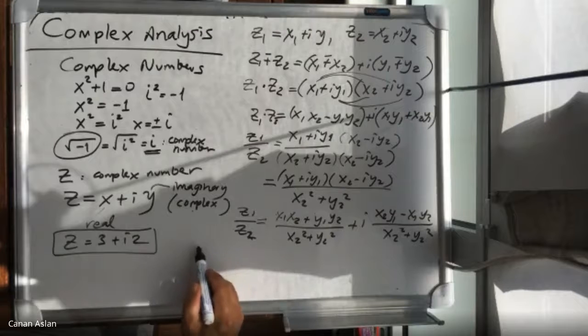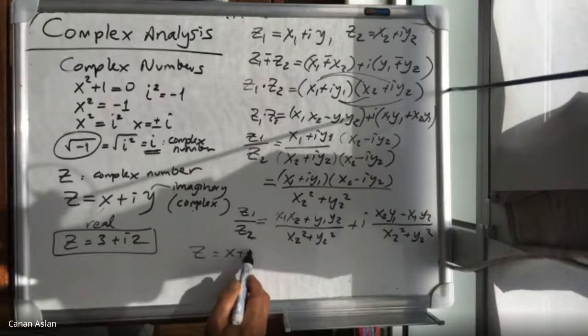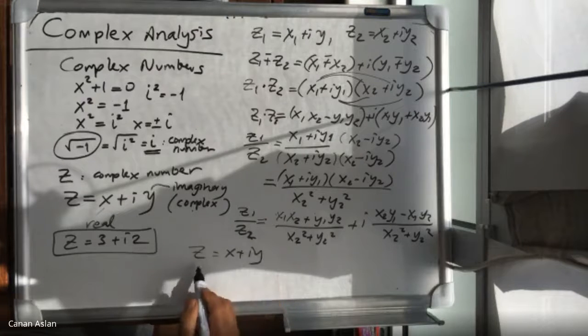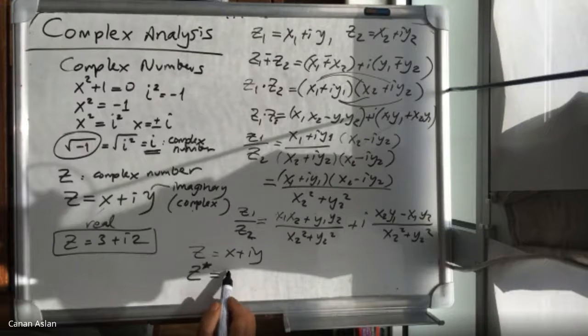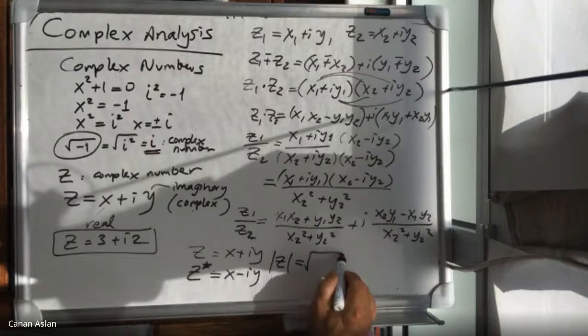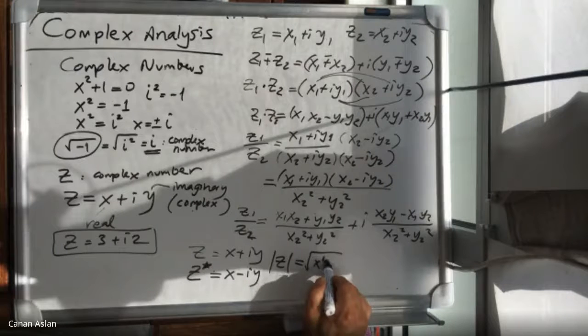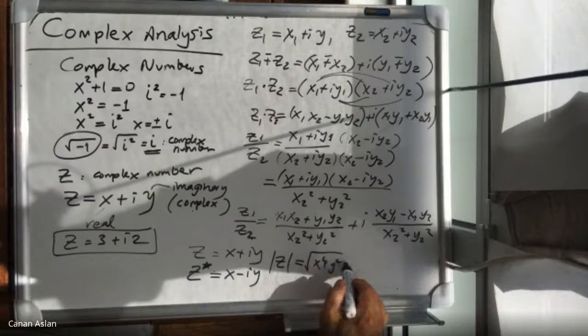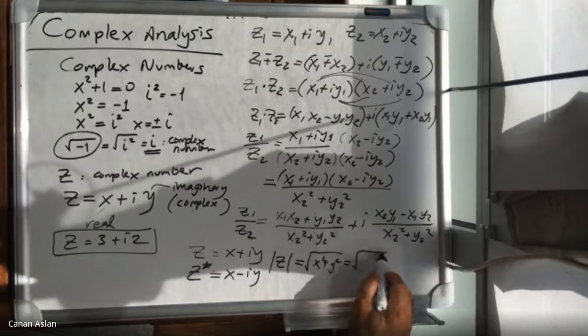Actually, if z is given as x plus iy, then the complex conjugate is written as z star. z star is the complex conjugate, it's just x minus iy. If you want to get the magnitude of z, it is given by the square root of x squared plus y squared, and that is the square root of z times z star.